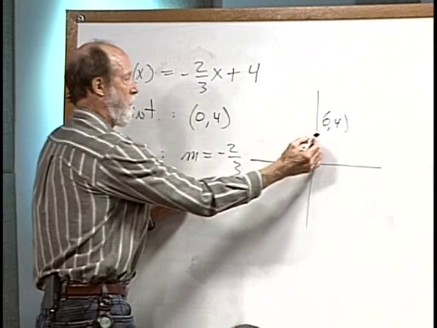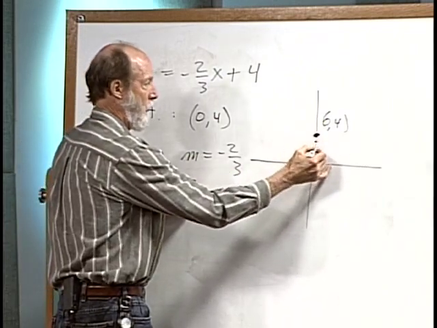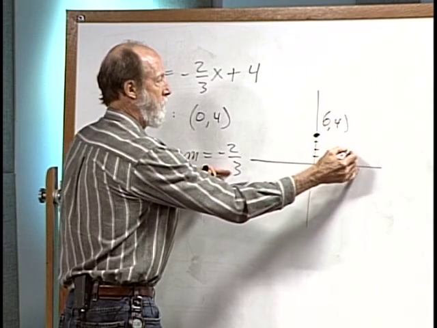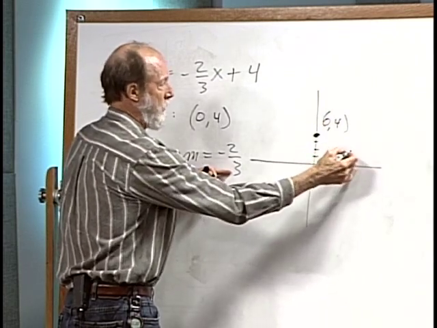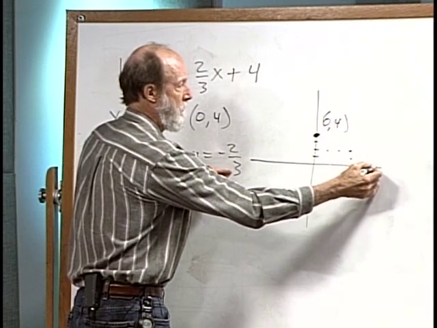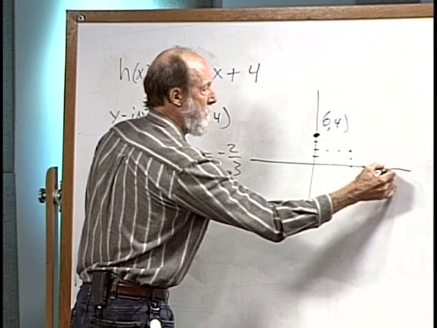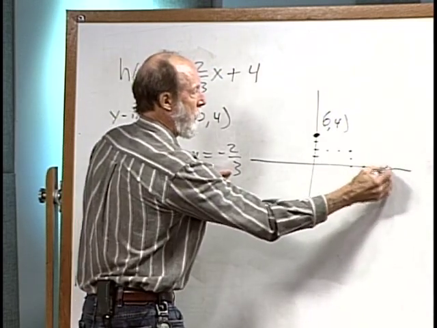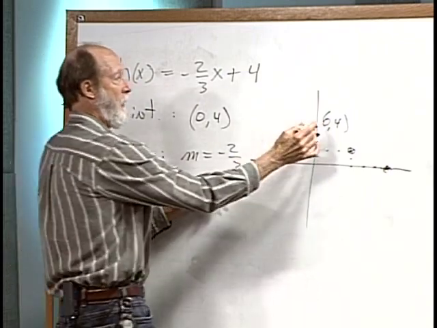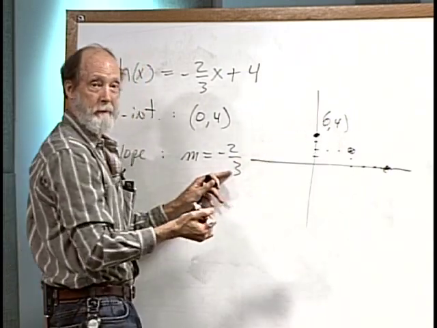So we would drop 2 and run over 3, and continue to do that, drop 2 and over 3. And so we get a series of points other than the (0, 4) location.